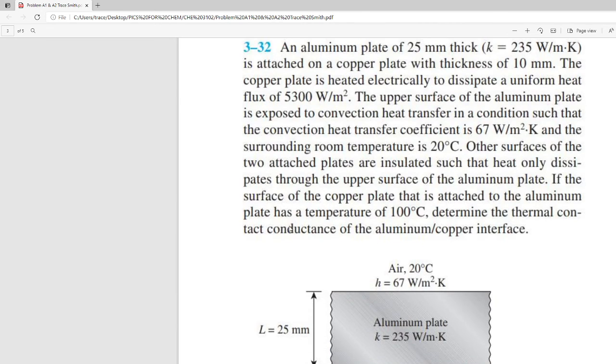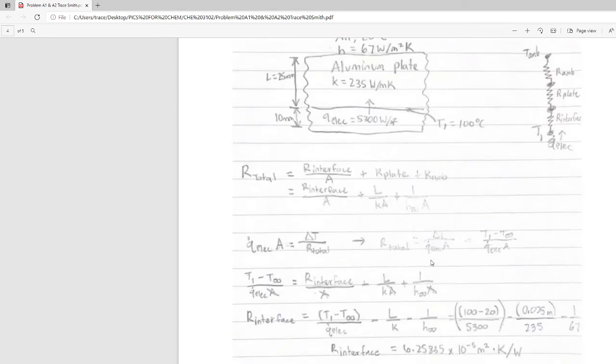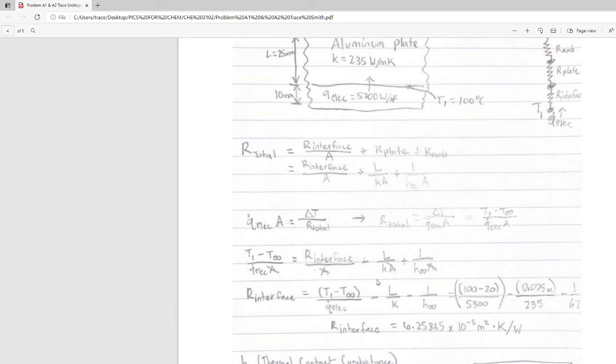as it says here, thermal conductance of the interface. And so we do that by taking our T1 minus our T infinity over the heat flux, which the A's canceled up here, as you can see, and then minus your thickness over your K value minus 1 over your H of infinity.